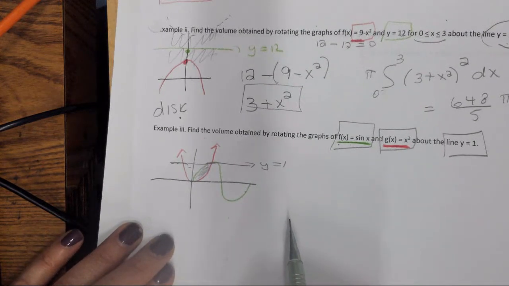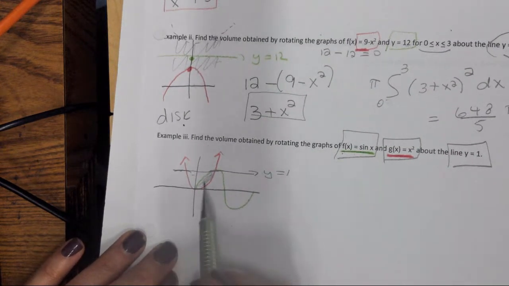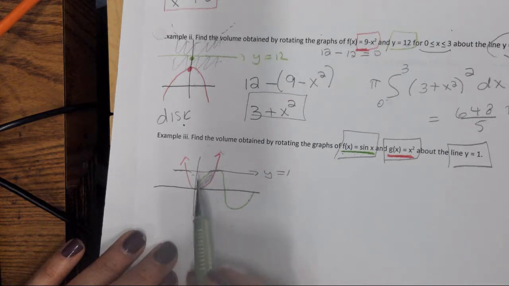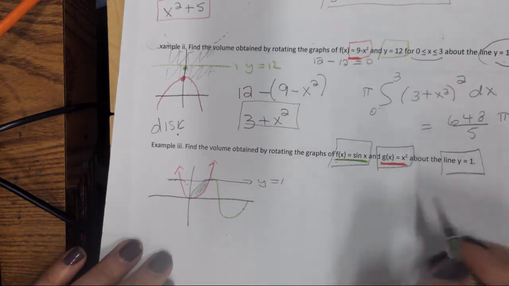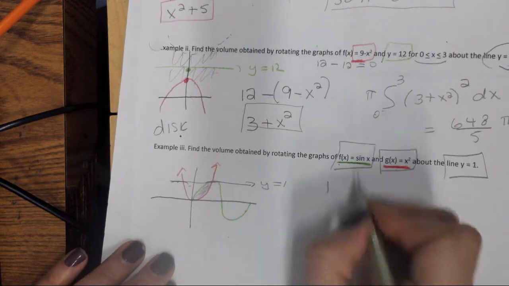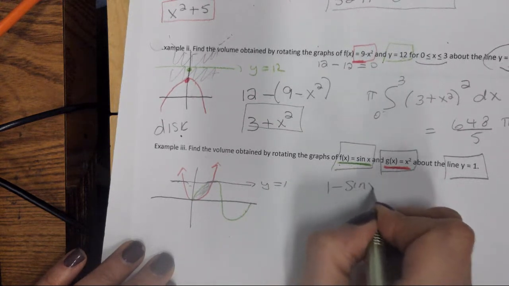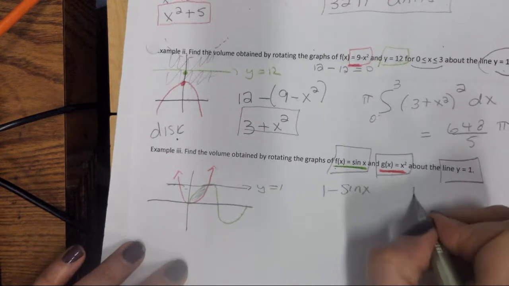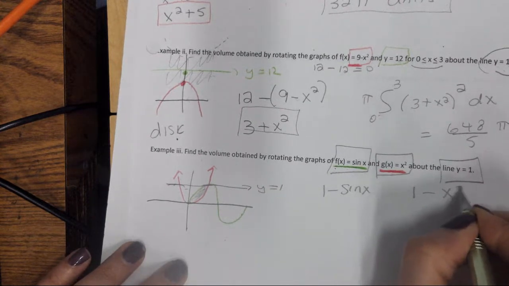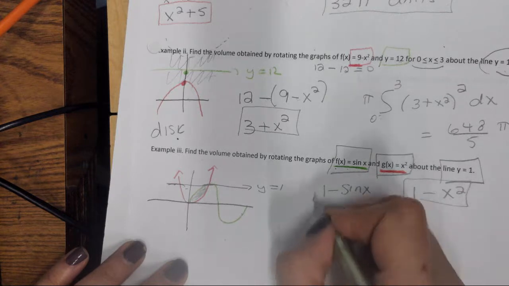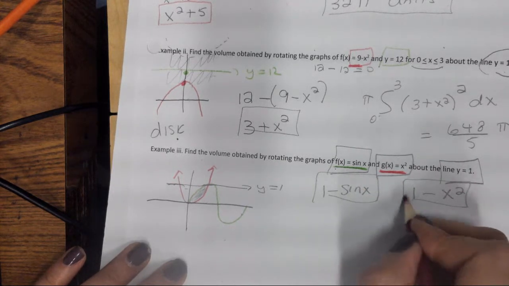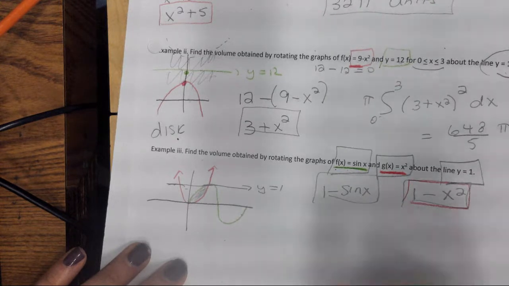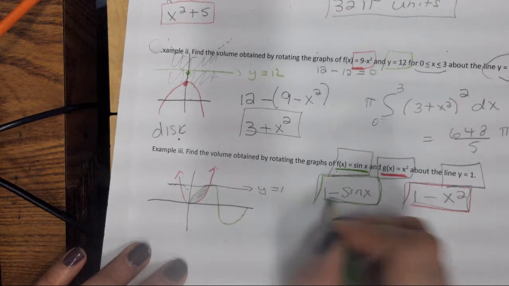So, since the line of rotation is above my graphs, again, I'll take that line of rotation minus my function, line of rotation minus my function to get my two new functions. This one is the red. This one's my guy in green, just to keep it neat.